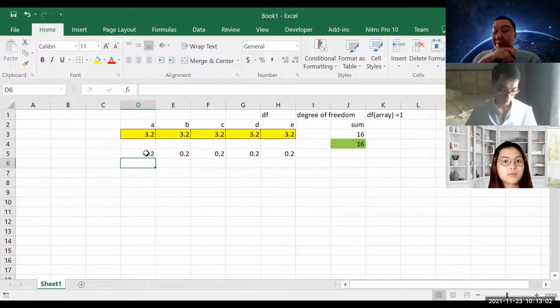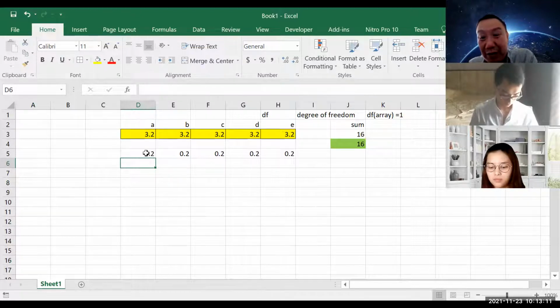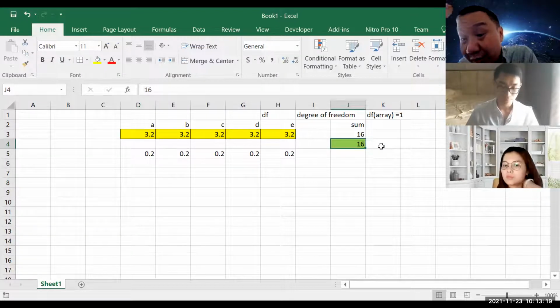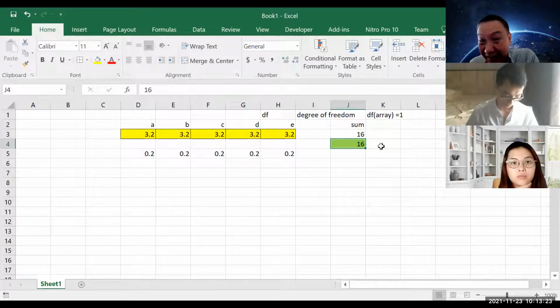So now, in a more complex problem, this is a very simple problem, right? You only have the sum. How about if, instead of sum, I have average? How about instead of average, I have standard deviation, for example? The statistic is not the sum, but the standard deviation.